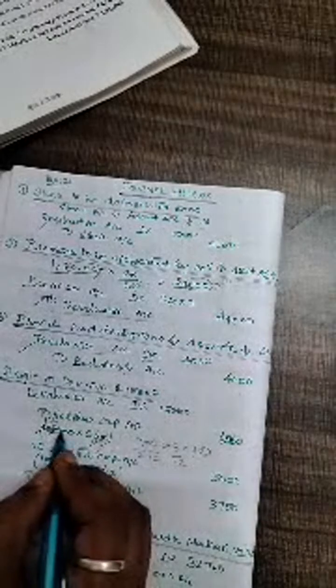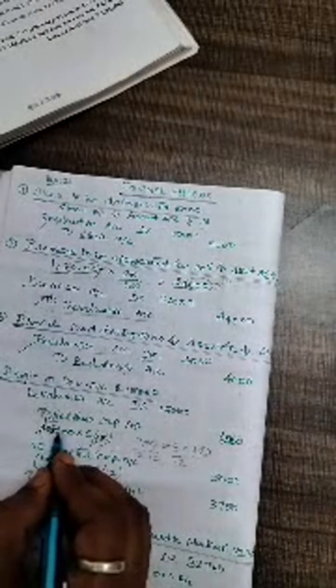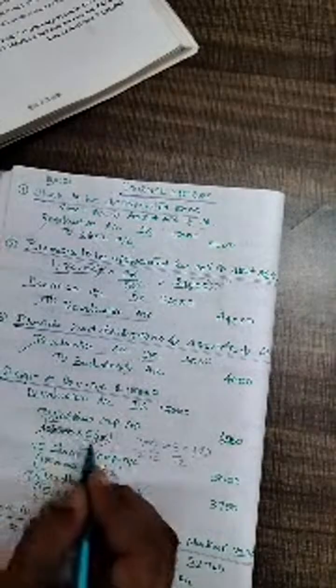Sorry, 15,000 divided by 12. 1 12 is 12. One time it goes, remaining 3. In 30, how many 12s? 2 12s are 24. Remaining we have 6. Okay, 60.